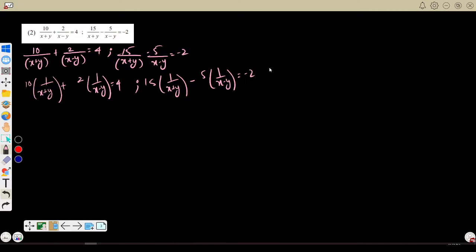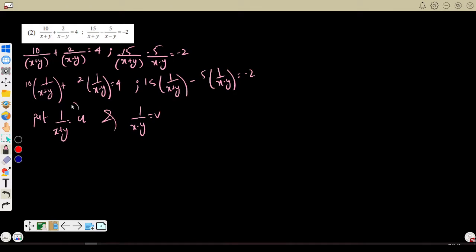So now in both the cases, if you observe this, I can say, if I put 1 upon x plus y as u and 1 upon x minus y as v, the equations will be modified.